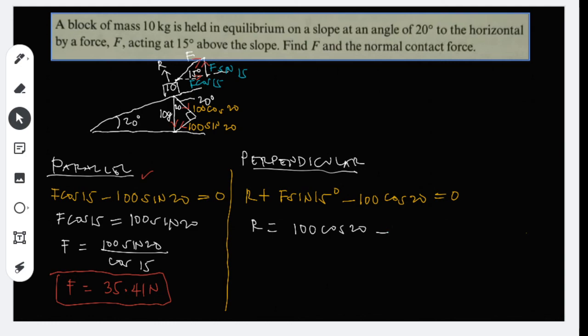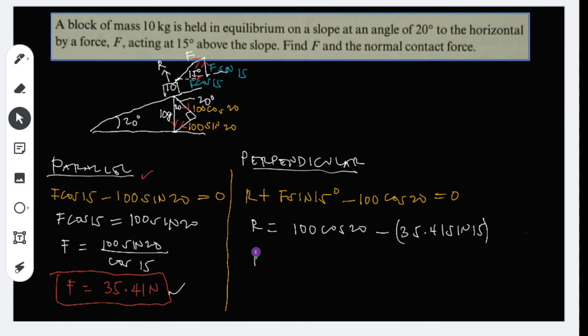We already know that the value of F is equal to 35.41, so we can just put 35.41 sine 15. Let's just use parentheses to avoid confusion. Okay, so 35.41 sine 15.